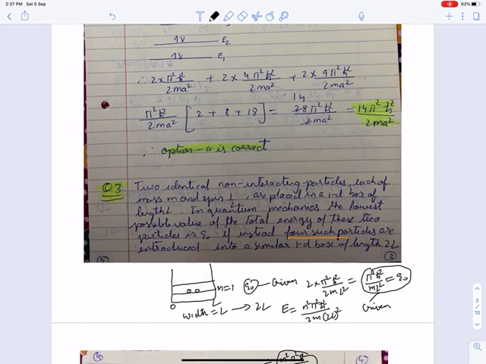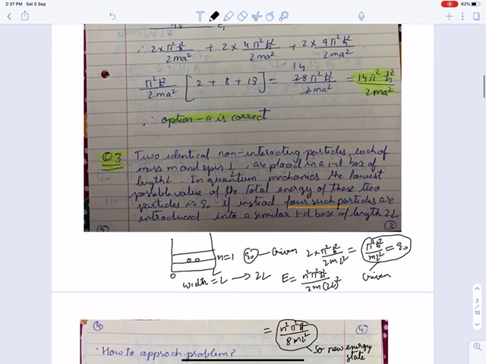This is the main hidden thing which you have to calculate first. Then change the width from L to 2L, and the formula will become n square pi square h cut square upon 2m into 2L whole square.